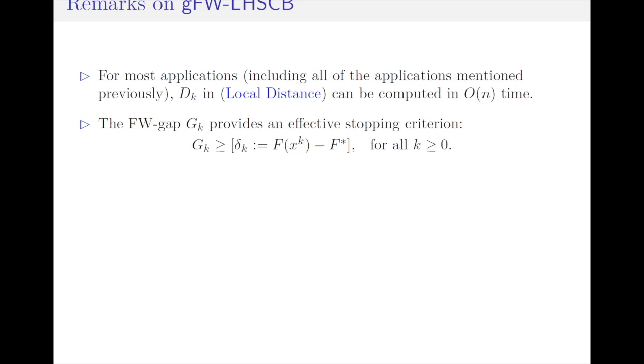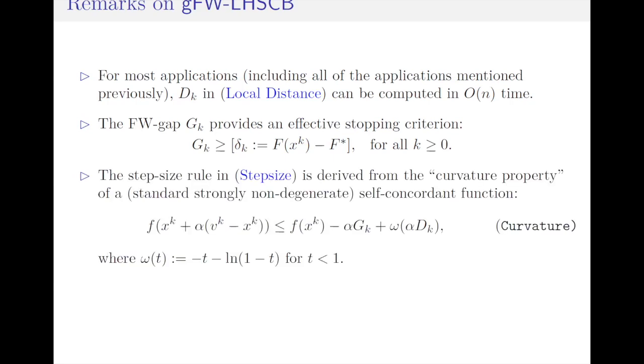That is this fact. And also, probably one mysterious thing is how we get this step size. Well, actually, we get this step size from a curvature condition of the self-concordant function. If f is self-concordant, then we have this curvature condition. You can find this formula in Yurii Nesterov's textbook. So there's no rocket science here.